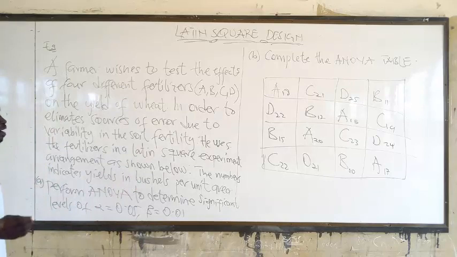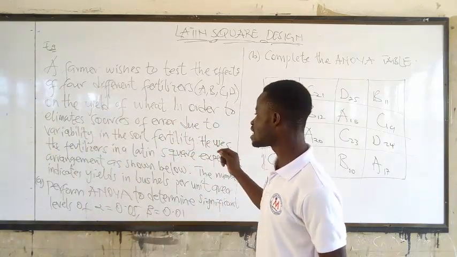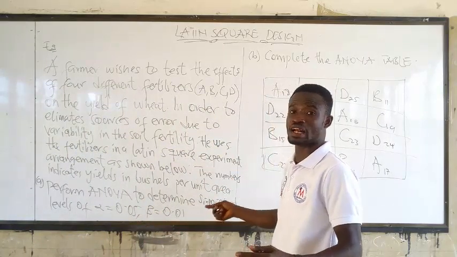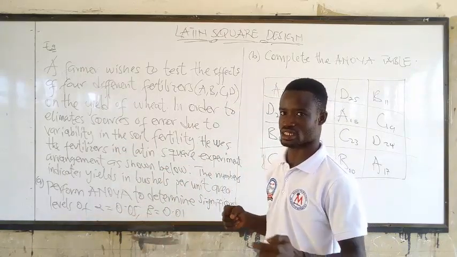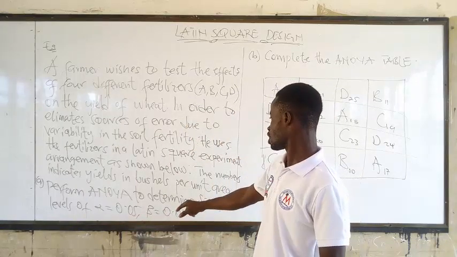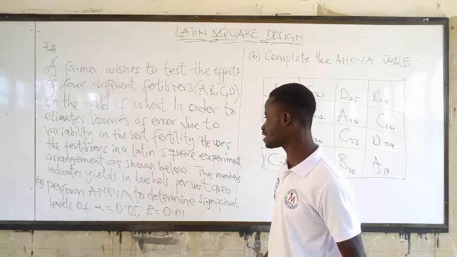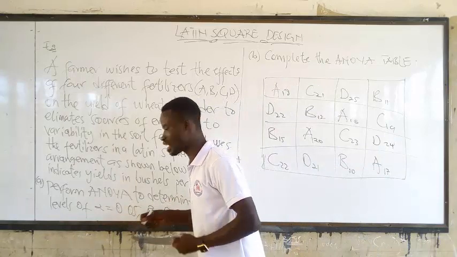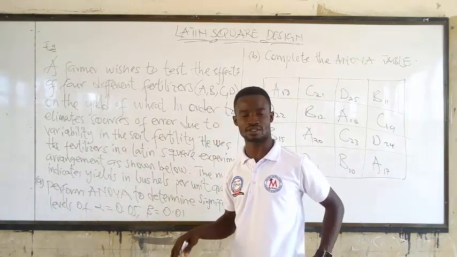A. Perform ANOVA to determine significant level of alpha. So now we need to perform an ANOVA table to determine these experiments. Then, using a significant level of alpha 0.05 and beta 0.01.